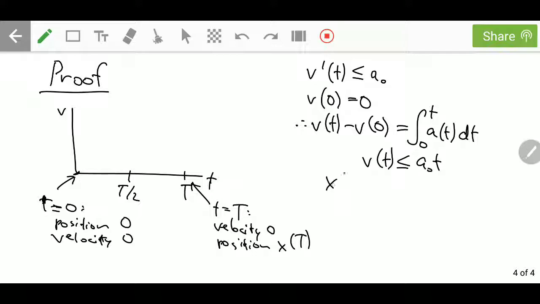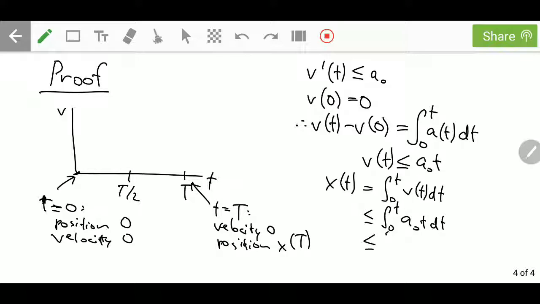And now, x of t is equal to the integral from 0 to t of v of t dt. But we established that v of t is less than or equal to a naught t.